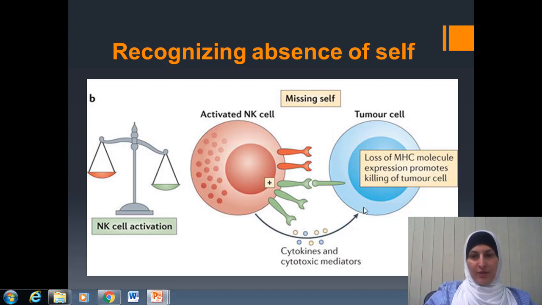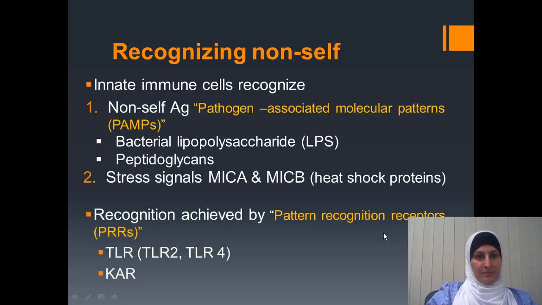Okay, and the third part is recognizing non-self. So the innate immune cells need to recognize specific antigen structures that would never ever be present in the human body. For example, bacterial lipopolysaccharides or peptidoglycans.